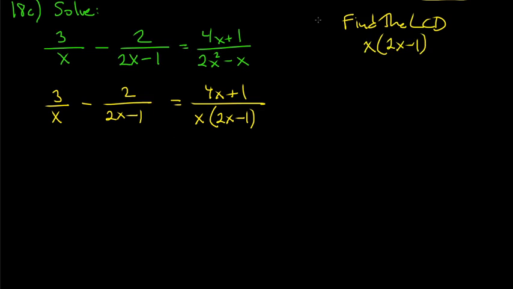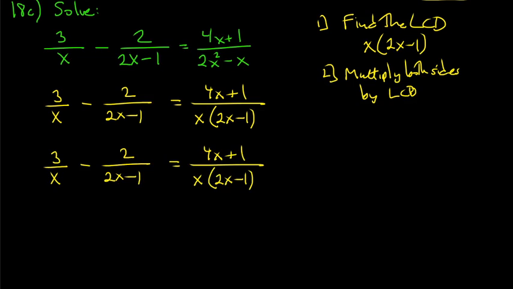Okay. So the next step is to multiply both sides by the LCD. By doing that, we are going to get rid of the fractions here, right? So I'm just going to copy this down, and then I'll multiply both sides by the LCD.